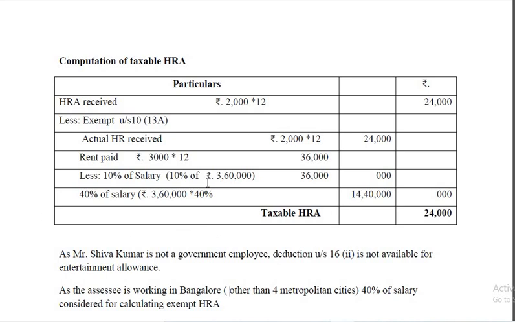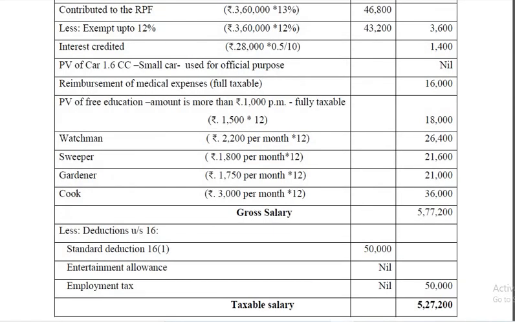And the least of the three is exempt. I forgot to write 'least' here. So the least of the three values is exempt. The least here is 0 and therefore nothing is exempt. So the entire HRA of 24,000 is taxable. Thank you very much.